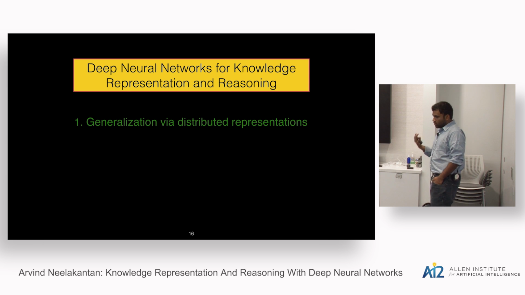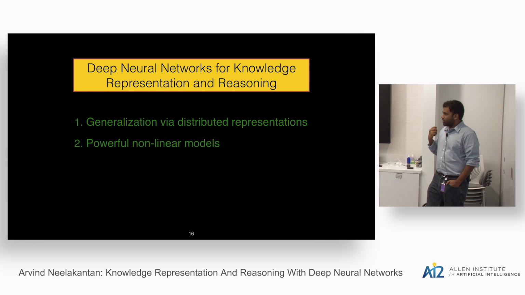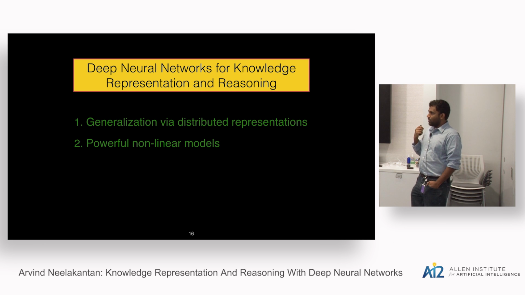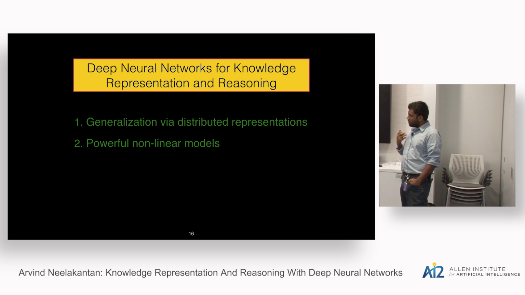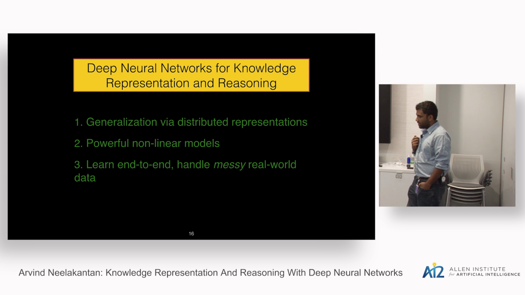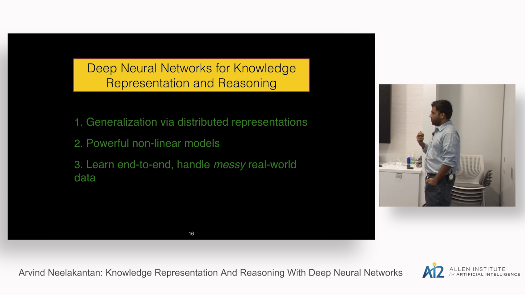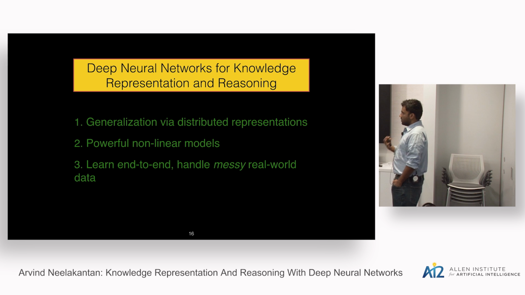You don't face the out of vocabulary issue as much, and now we can start doing powerful reasoning since these are nonlinear models. And I think the most important advantage is that you can learn these models end to end just from data, and this means that handling real world data becomes easier.